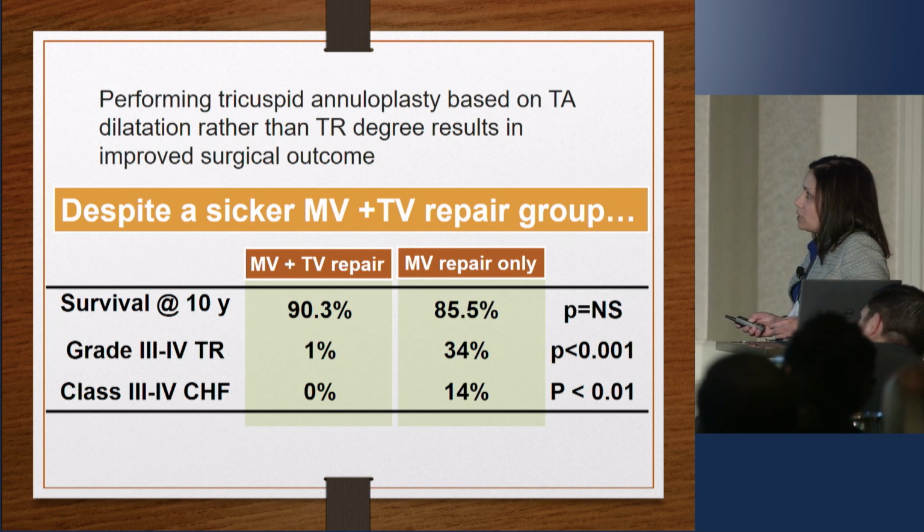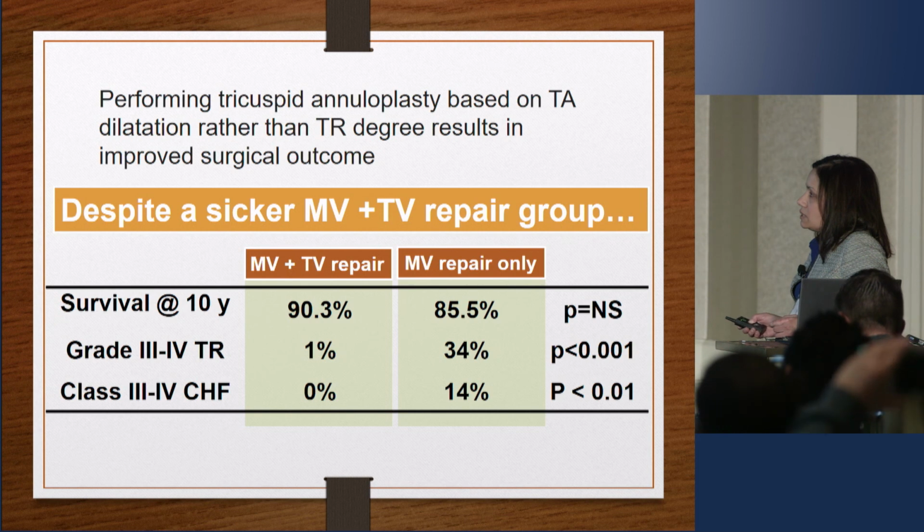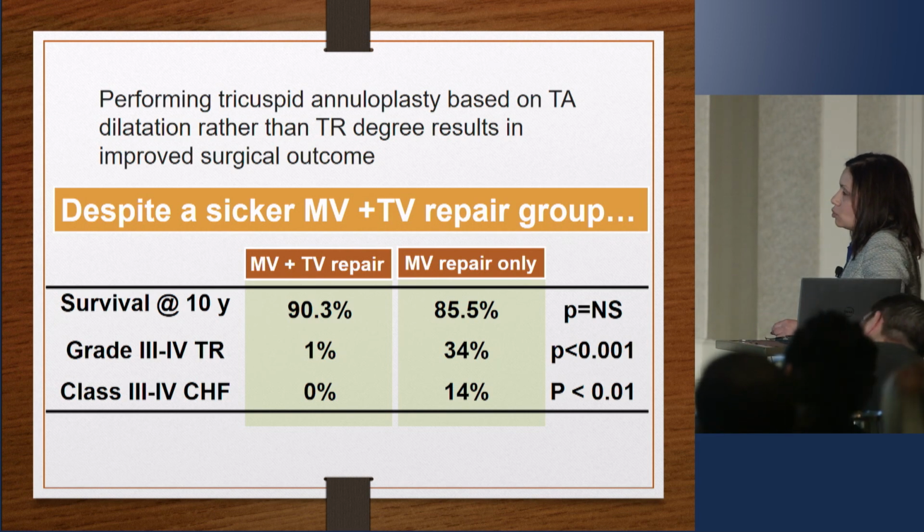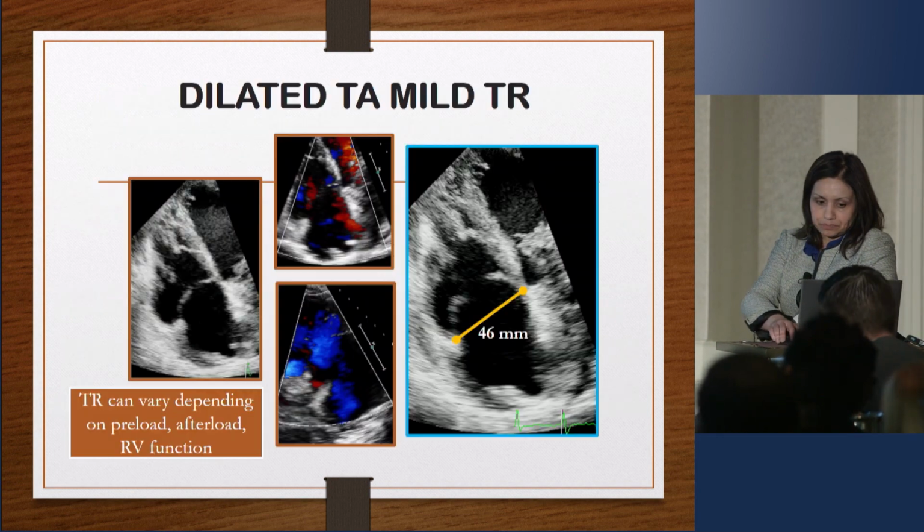If you see here, patients who have had both mitral and tricuspid valve repair, their survival is similar to those who have mitral valve repair only, but these are all patients who have dilated tricuspid annuli, and their morbidity is better in this study.